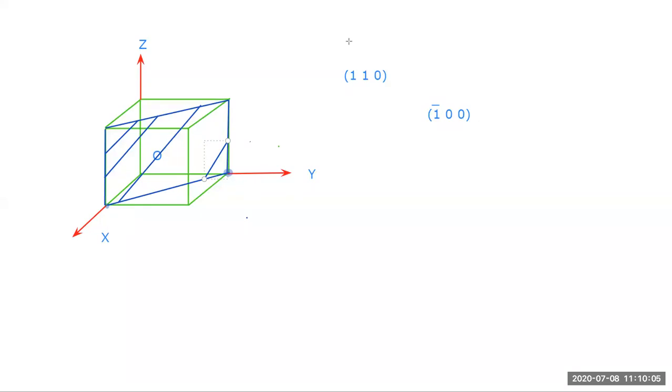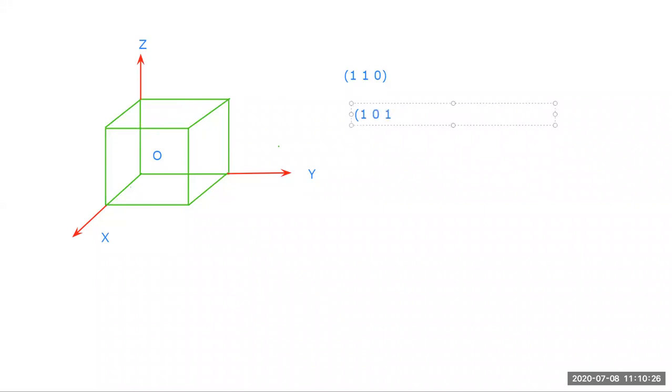Then how to draw the plane 1 0 1? First you have to indicate the points. In x direction 1 is there, y direction is 0, and z direction is 1.